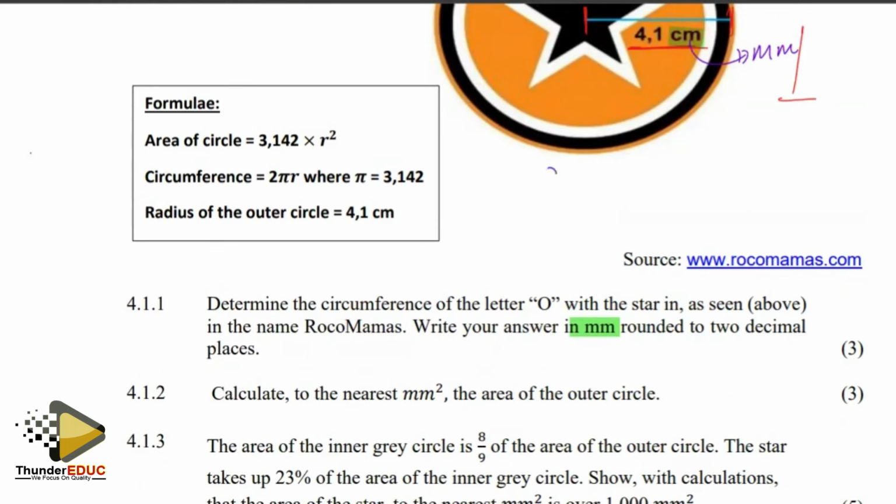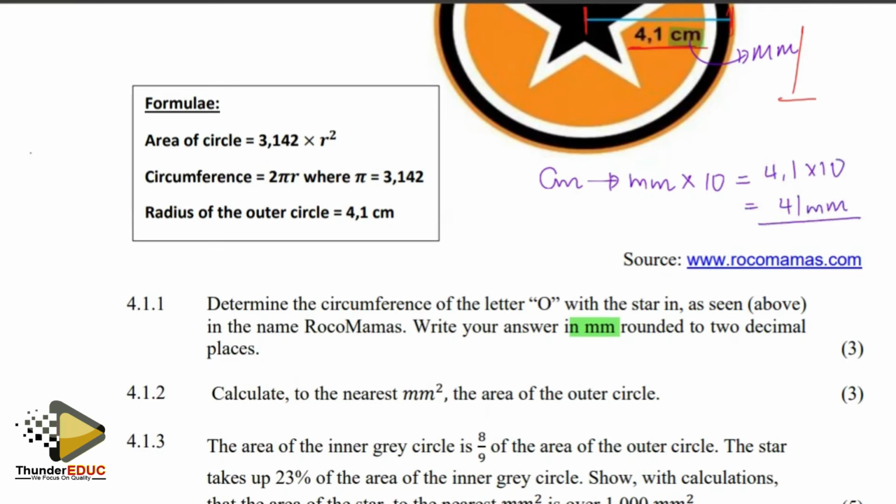Now ask yourself, I need to change centimeters to millimeters. How do we do this? We multiply by 10. Big to small, multiply, and small to big, we divide. So we are going to get our 4.1 multiplied by 10. We end up having 41 millimeters.